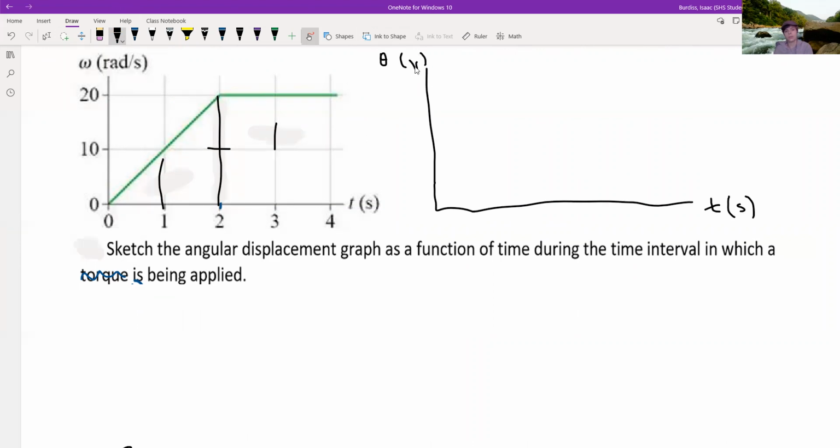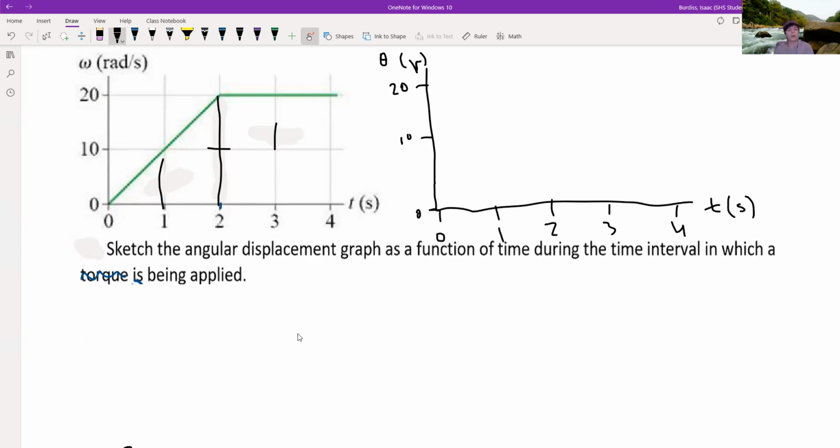Let's just make this, and I know it's RED, but I just don't feel like writing it. So 10 or 20, 10, and then 0. And then just real quick, 1, 2, 3, 4.